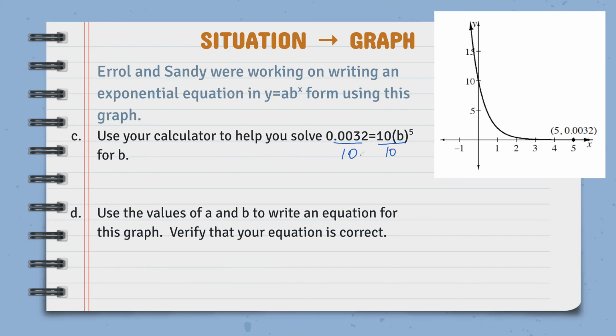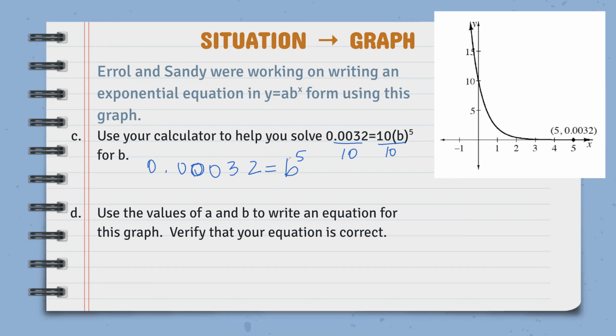And if you do 0.0032 divided by 10, you will get 0.00032. So that's what we get, equal to b to the 5th power.